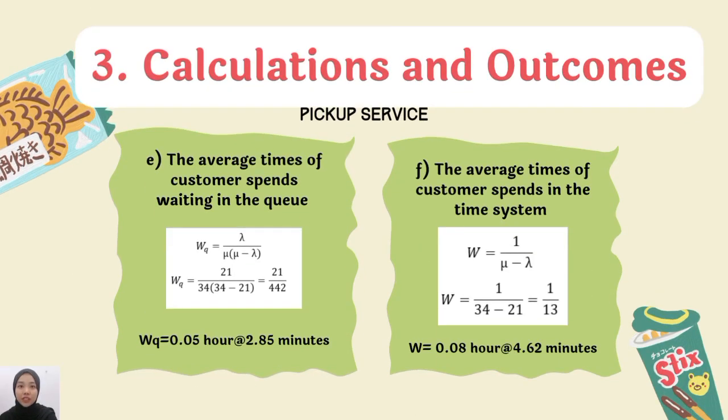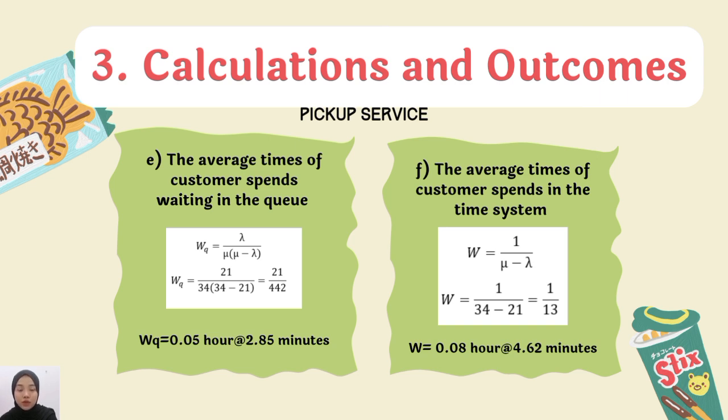To find the average time customers spend waiting in the queue, we can use the formula WQ equal to lambda over mu in bracket mu minus lambda, where we substitute the values of lambda and mu into the equation. We will get WQ equal to 21 over 442, which is WQ equal to 0.05 hours or 2.85 minutes.